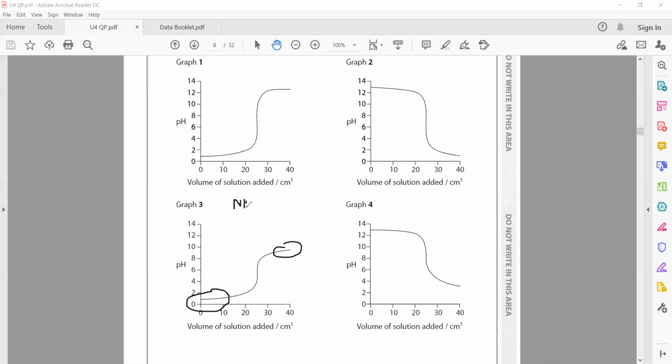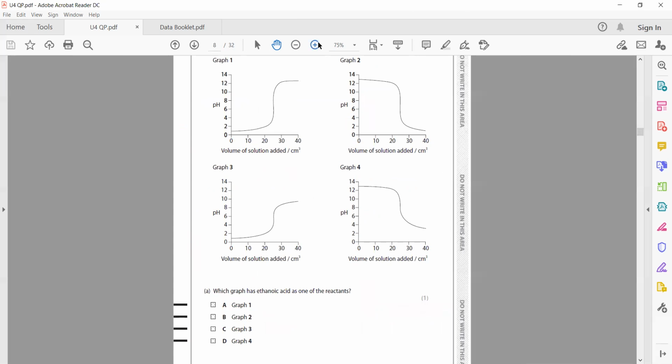For example, if ammonium hydroxide was there, it dissociates into ammonium ion and hydroxide ion. So for a weak alkali, its conjugate acid will be stronger. So already there is a strong acid, and the conjugate acid which is formed is also stronger. That is why the solution will have a pH less than 7 at the end point.